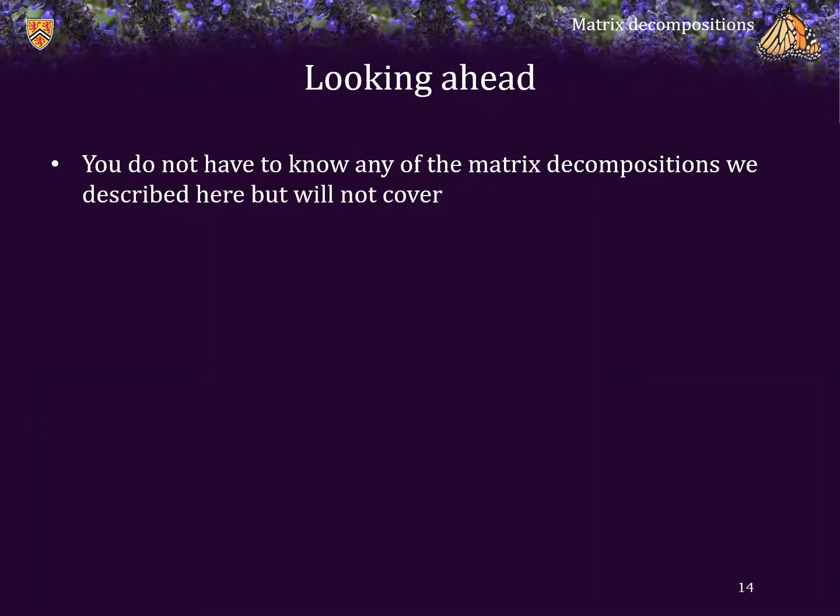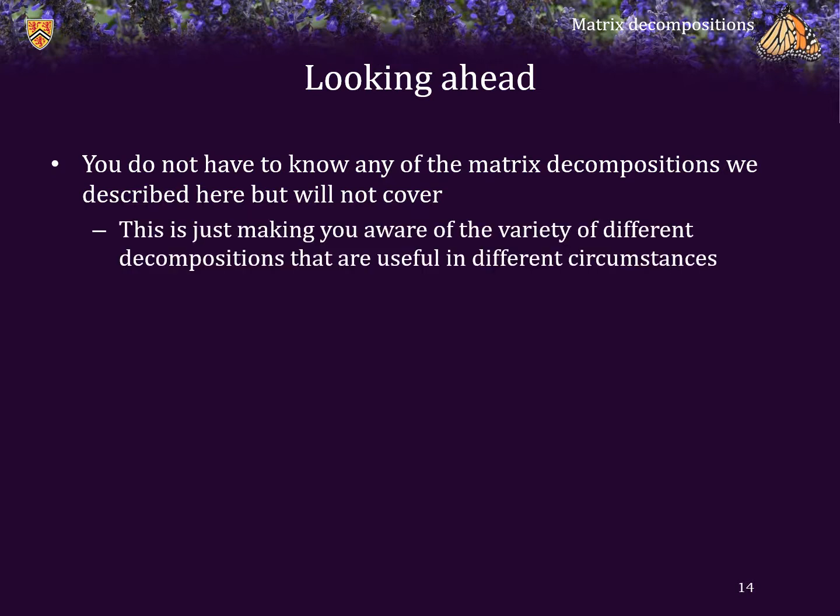Now, it's important to understand that you don't have to memorize even the names of all the decompositions we just described here. Basically, for at least 2 of these, we were only describing them to make you aware that there are different decompositions that are sometimes useful in different circumstances in engineering.